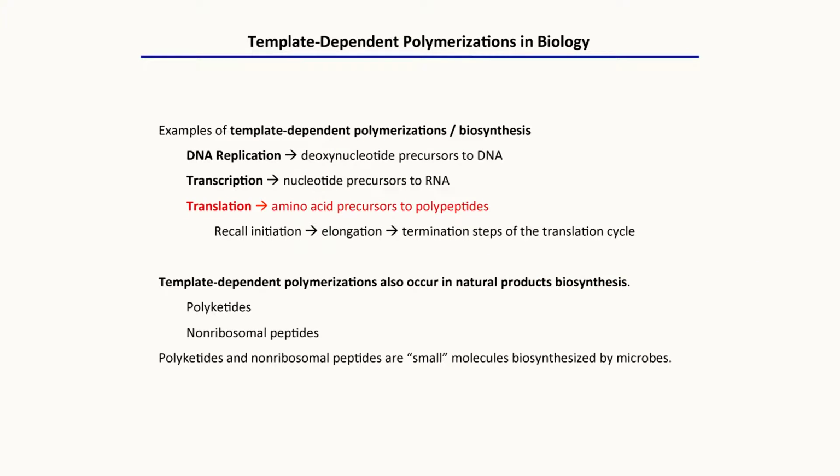So just to review, if we think about template-driven or template-dependent polymerizations in biology, we're all familiar with DNA replication, transcription, and translation. What you'll see in this unit is that these template-driven polymerizations occur in the biosynthesis of natural products here. Effectively, these assembly lines provide this template.